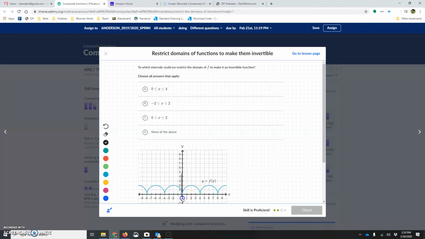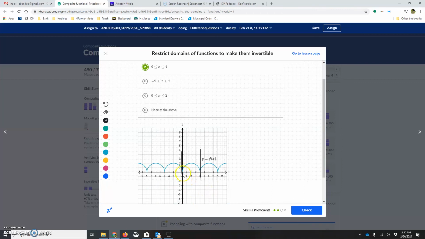So 0 is here, 4 is here. This includes both the 0 and the 4. You see the line underneath? So, if you look at 0, our value is 0. At 4, our value is 0. So the inverse is not a function, because 0 goes to both 4 and 0. So this would not be an answer.